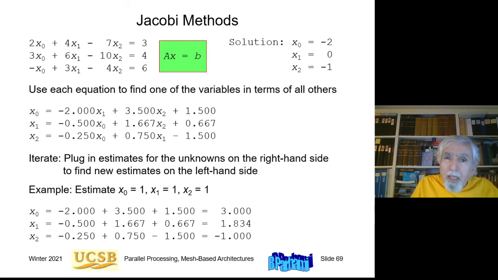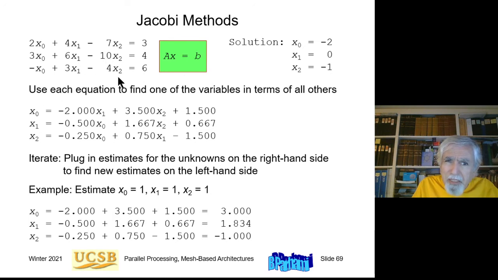Another way of solving linear systems of equations is through what is known as Jacobi relaxation. Basically, given a set of equations, you can solve the three equations for the different variables. In other words, compute x0 from the first equation in terms of x1 and x2. Compute x1 from the second equation in terms of x0 and x2.